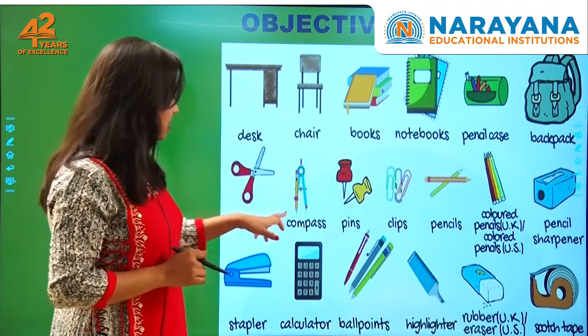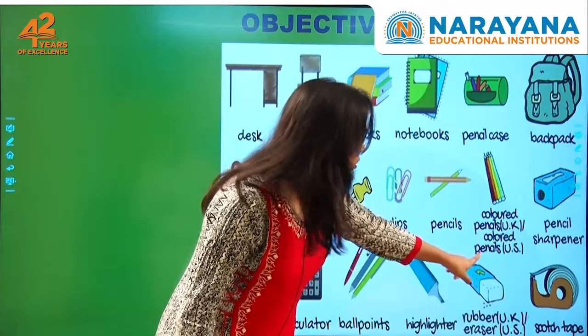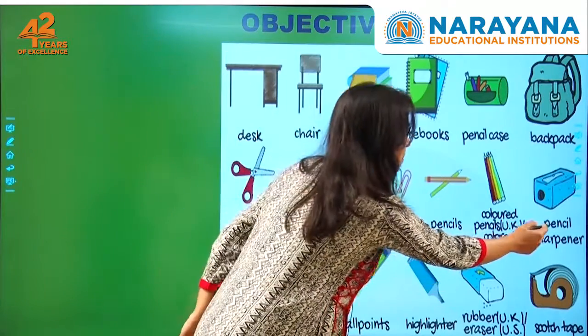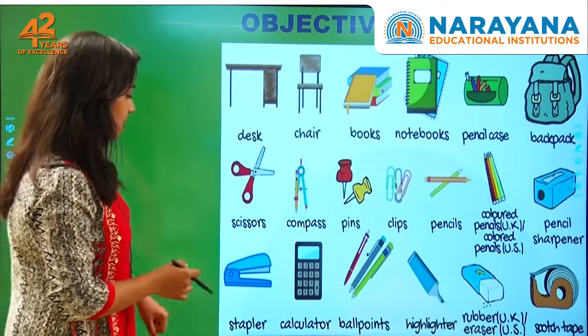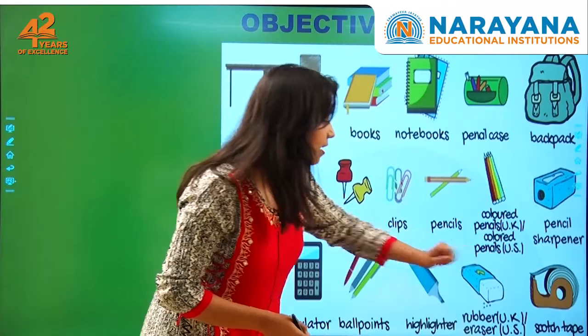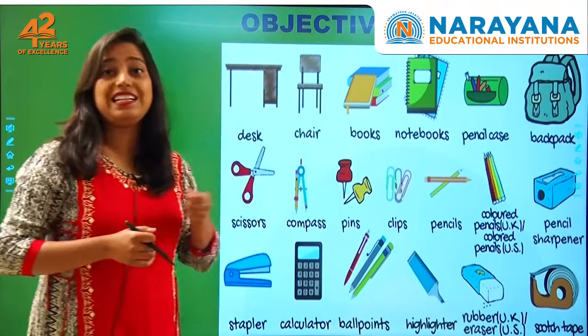What is this? Scissors, compass, your pens, clips, pencils, your colored pencils, this is also very important for drawing, right? Okay, pencil sharpener, this is also very important. Okay, stapler, calculator, ball points, highlighter, rubber, and what is that? That is a tape, where you can cut the tapes.